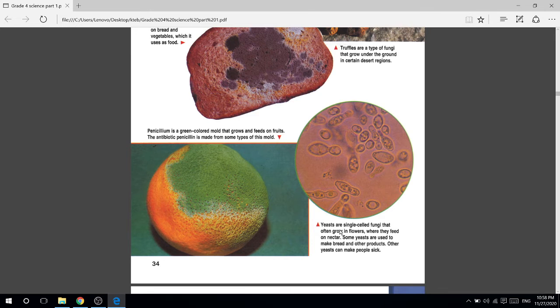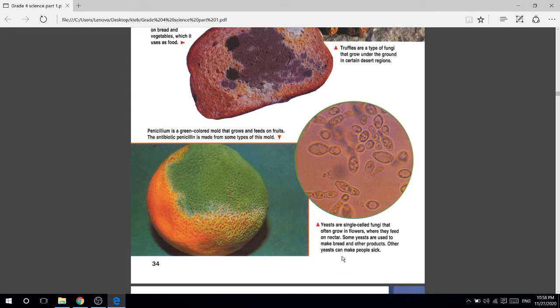And yeasts are single-celled fungi that often grow in flowers. That one, the yeasts, grow where? In flowers, where they feed on nectar. Some yeasts are used to make bread and other products, and some are used for yogurt and bread.